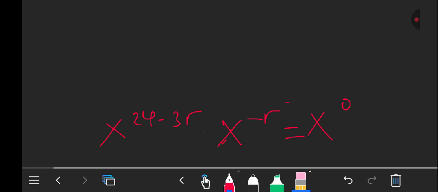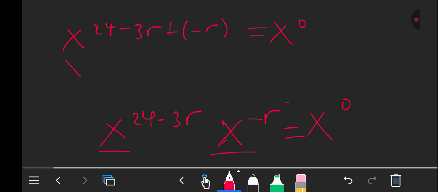Then I can find the value of r, whereby I'll use the law of index, which says when you're multiplying the same bases, you just add the power. So it will be x raised to the power 24 minus 3r, then plus negative r, is equal to x to the power 0.